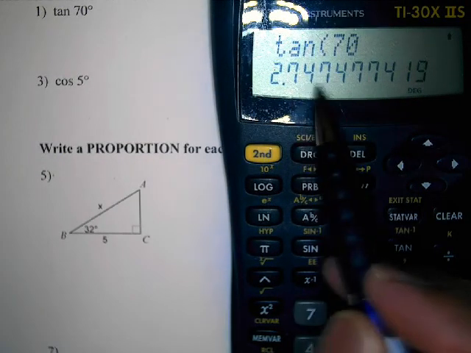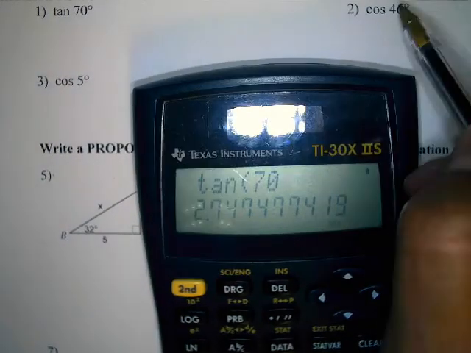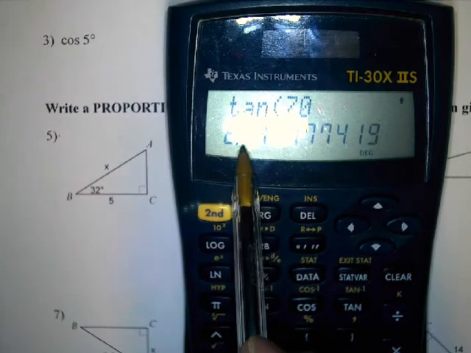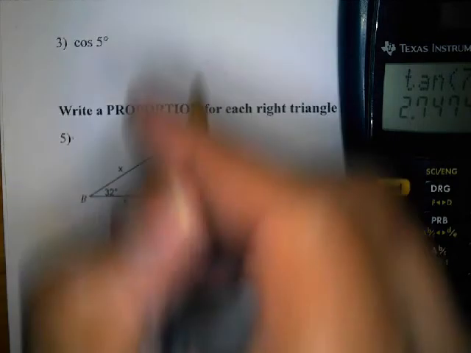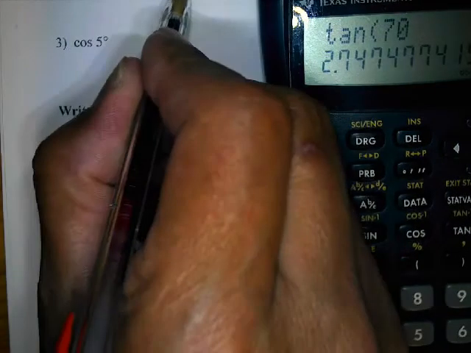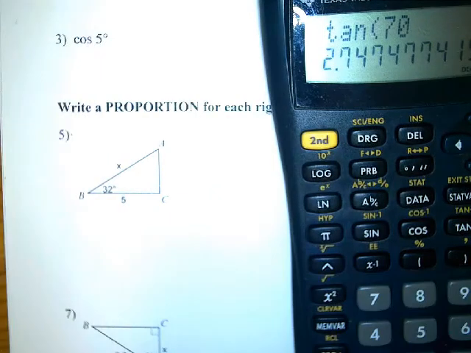Now we don't want to round off too much, so we want to get as close and as precise as possible. So we're going to say tangent of 70, and it says to round to the nearest 10,000ths. So we're just going to leave 4 decimal places: 1, 2, 3, 4. 2.7474.